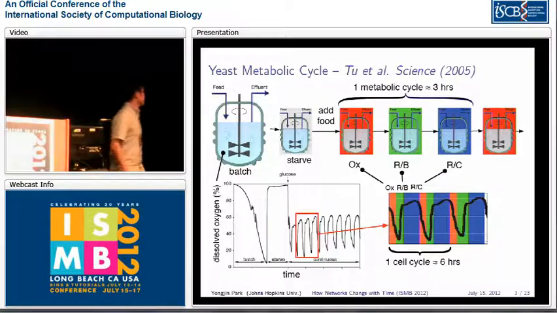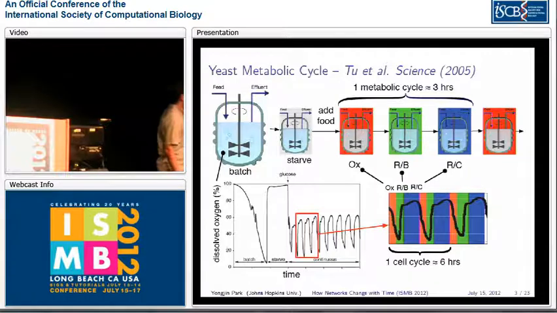They start from a batch culture of yeast cells, and the cells grow, and the oxygen level in the chemostat drops down to 0%. If you cut down the nutrition source, the oxygen level goes up and cells don't grow much. Then you add another round of food, glucose, and you see a nice oscillating pattern of the yeast metabolic cycle.